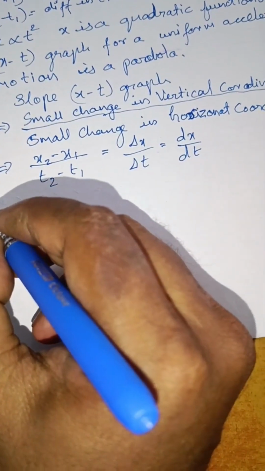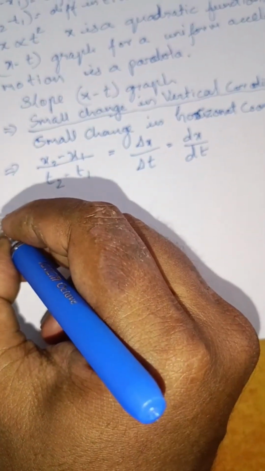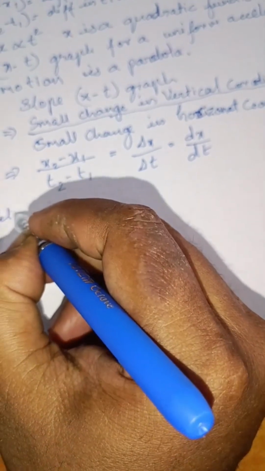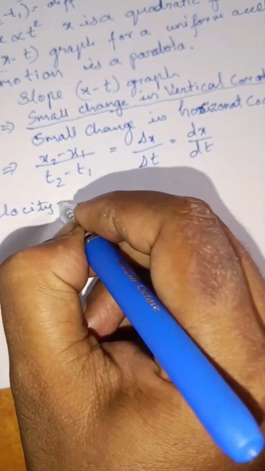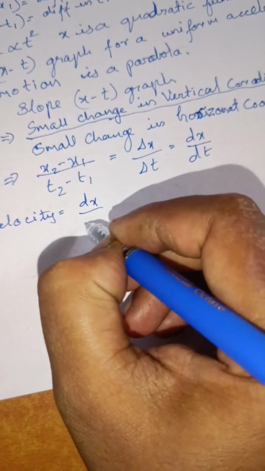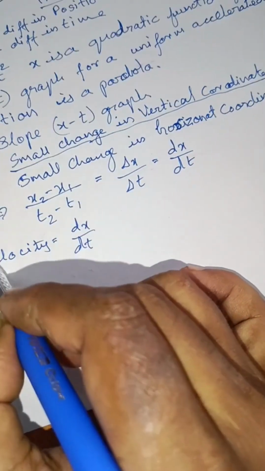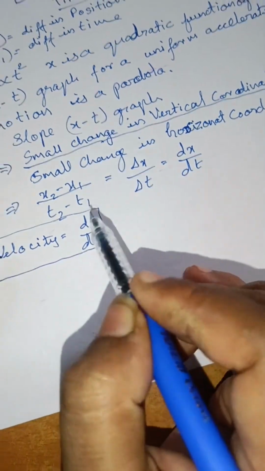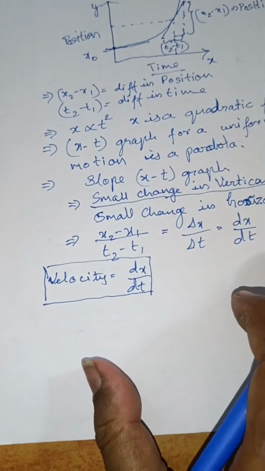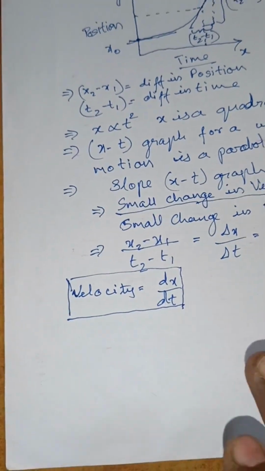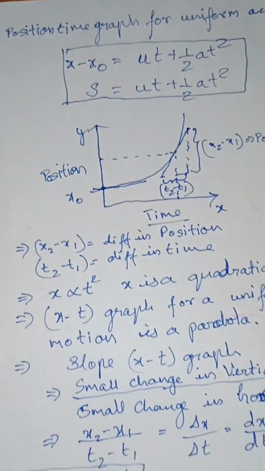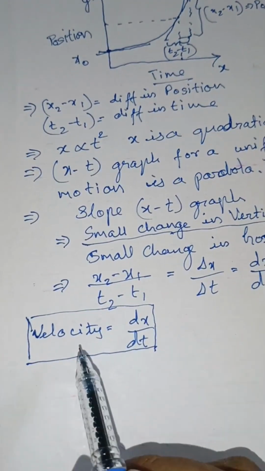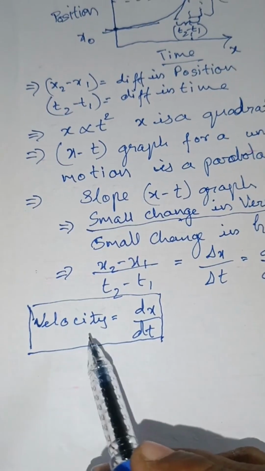Velocity is equal to dx by dt. This is our required equation, derived from the uniform accelerated motion.